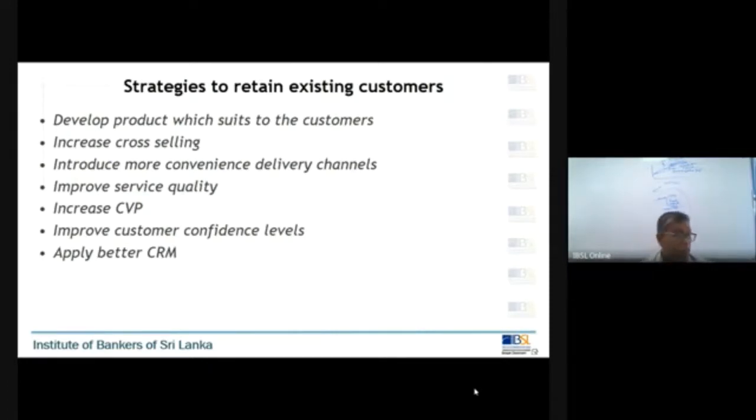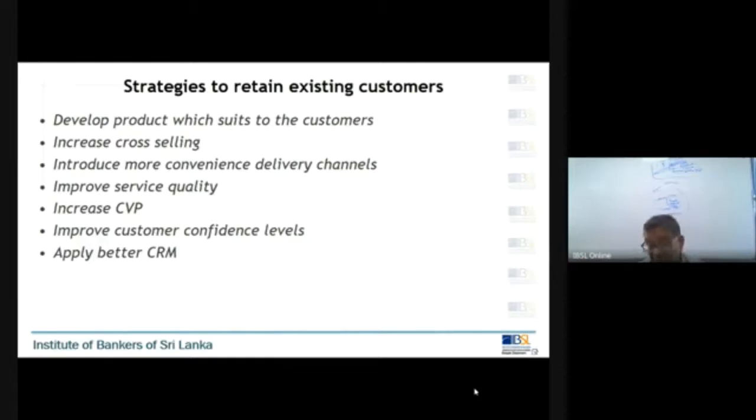If the examiner asks what the strategies are to retain your existing customers, these are the strategies. If it's 5 marks, you can explain with 1 or 2 sentences, right? Otherwise you forget, even though you write all these things.